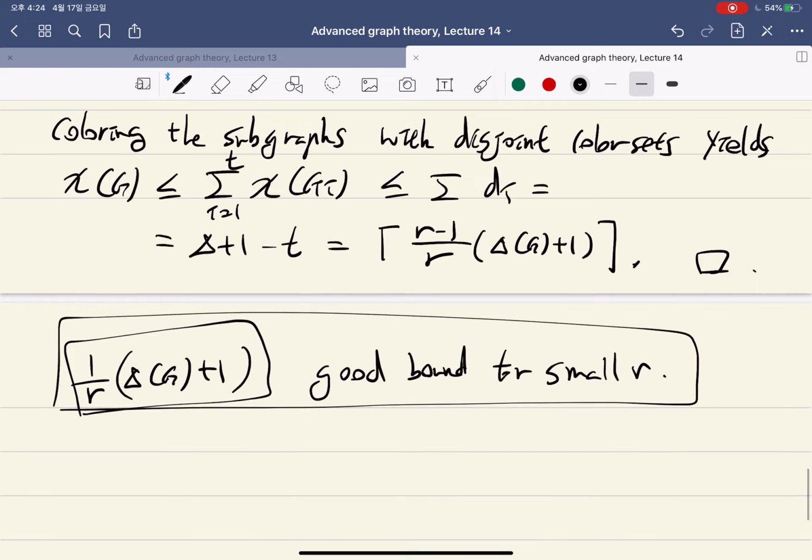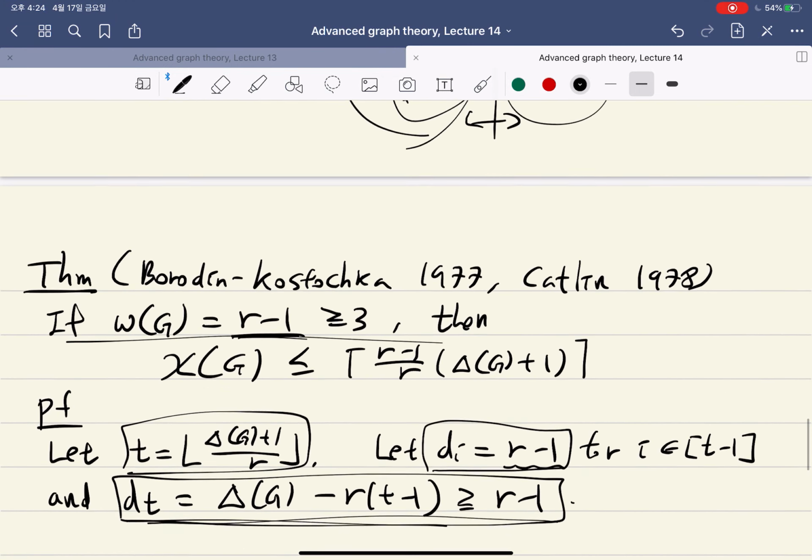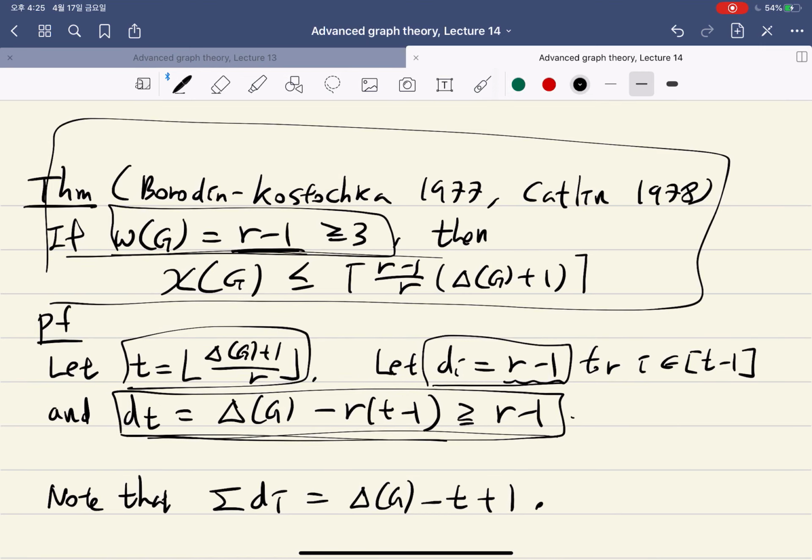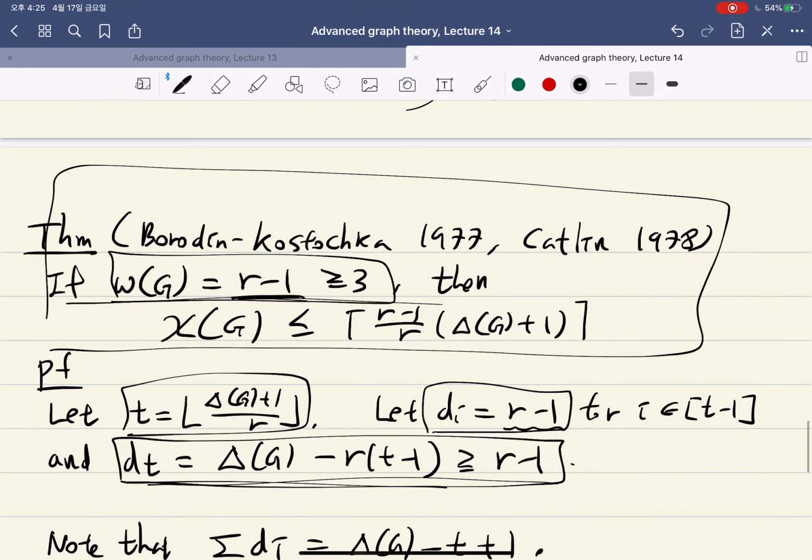And by the way, from this, what we can get is, for example, if we have a triangle free graph, then you cannot apply this for R equals 3.